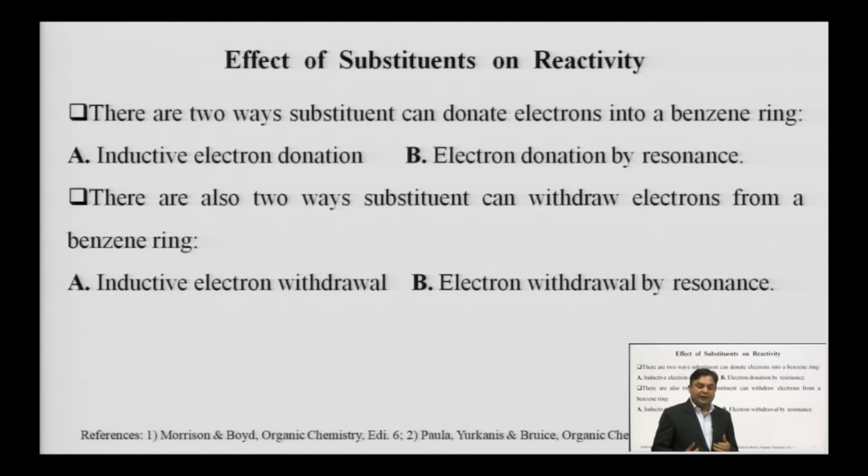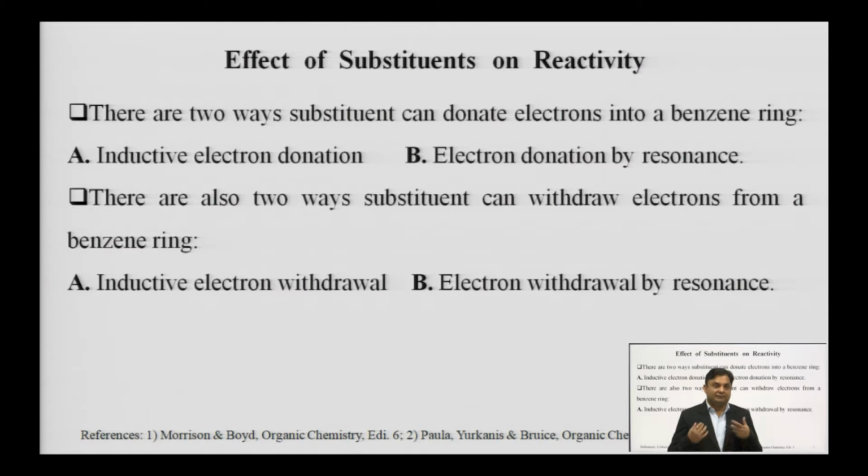So, if there is a group which has a plus I effect, meaning a positive inductive effect, then it has the tendency to donate electrons towards the benzene ring by the inductive effect mechanism. So, it can increase the electron density by the inductive effect.